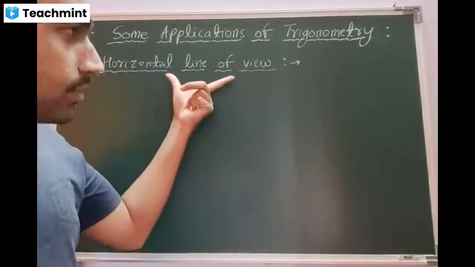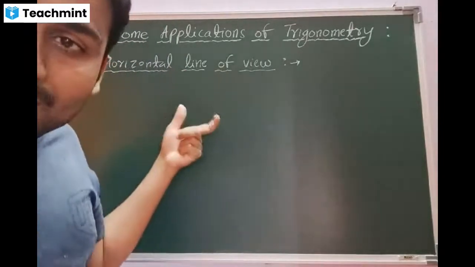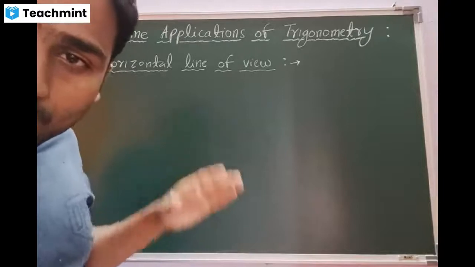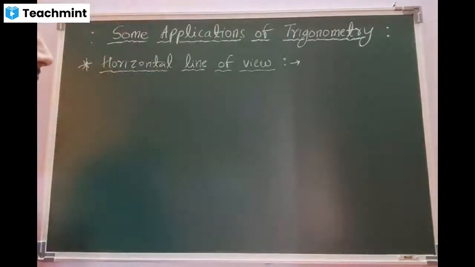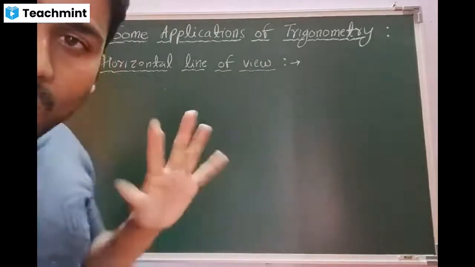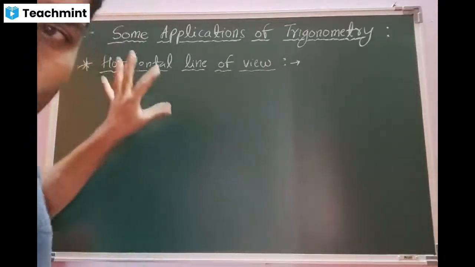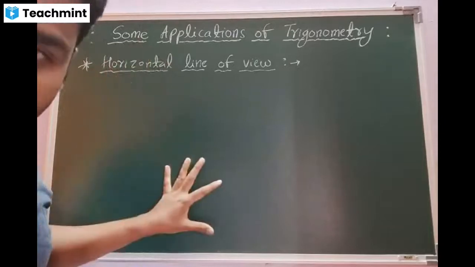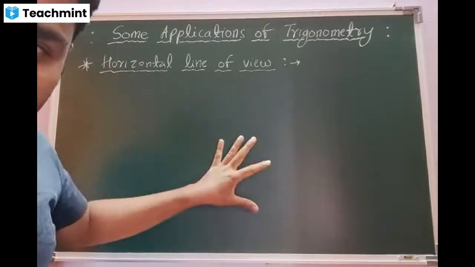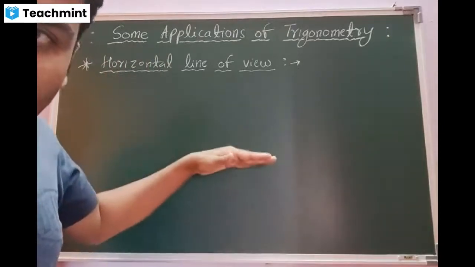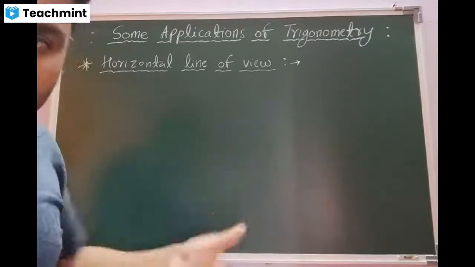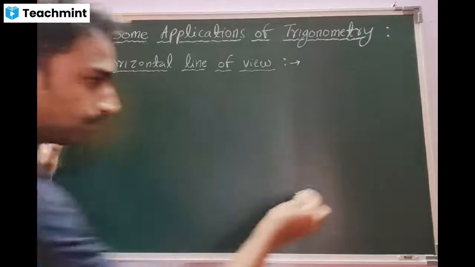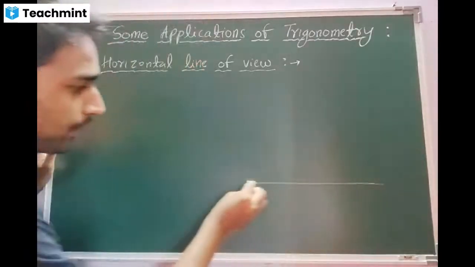Somewhere this concept is a reference concept for us to proceed further in the chapter. Now, all of you observe, beta. I'm going to elaborate this with the help of a diagram. In that, we will understand what the horizontal line of view is. Then we will go for the definition. Is that clear?